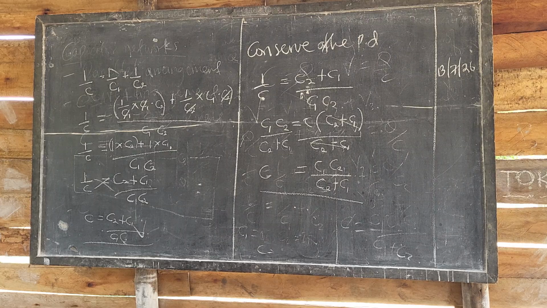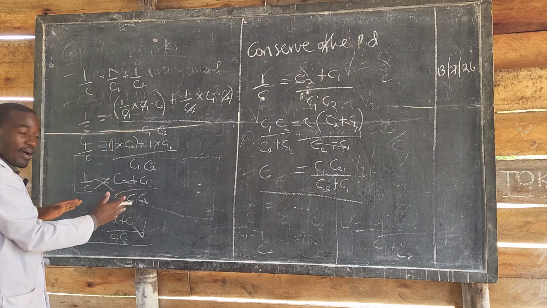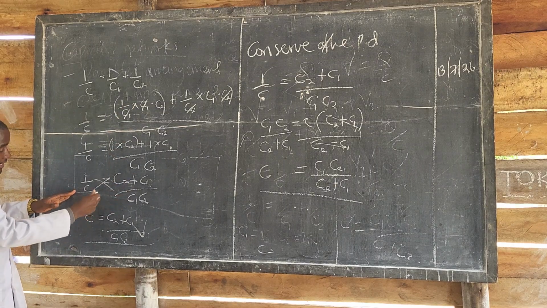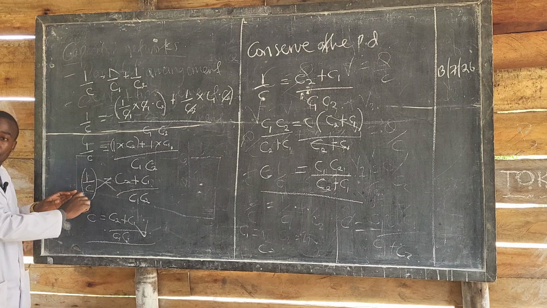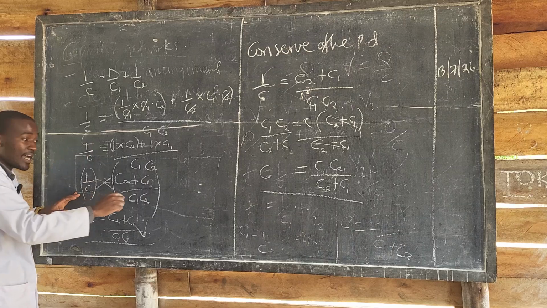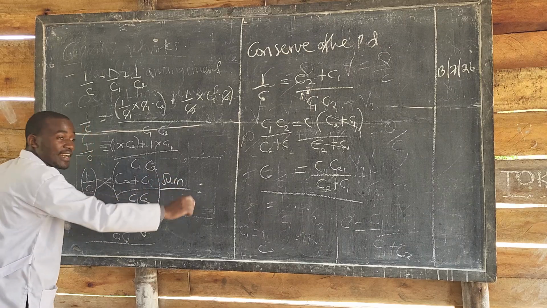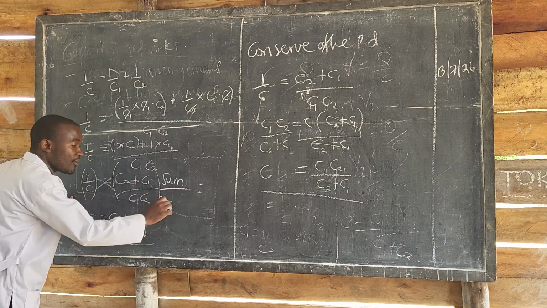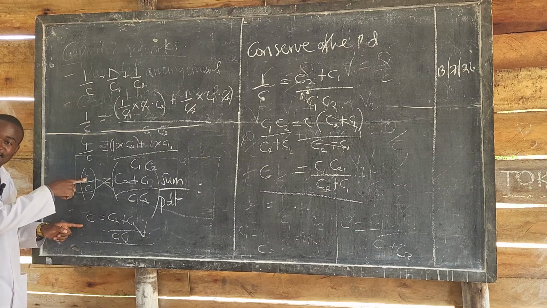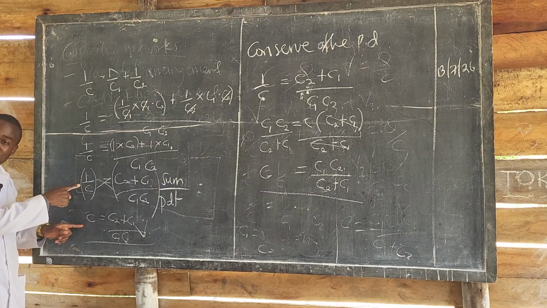This person had actually made it. But now here, remember, if this is already a reciprocal, and it is equivalent to this, where the numerator is sum and the denominator is product, can it be the same even when you take C into the numerator of the reciprocal?